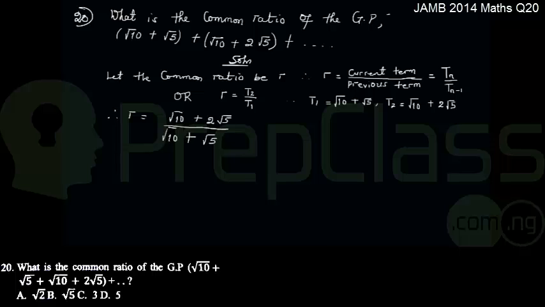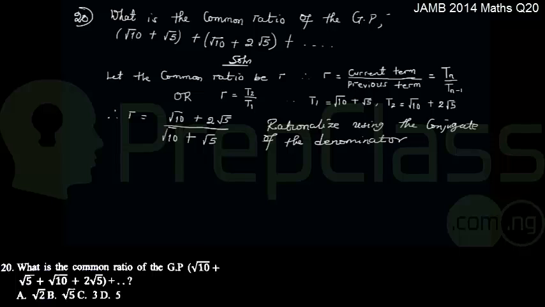So how do we basically solve a surd question like this? We rationalize using the conjugate of the denominator.